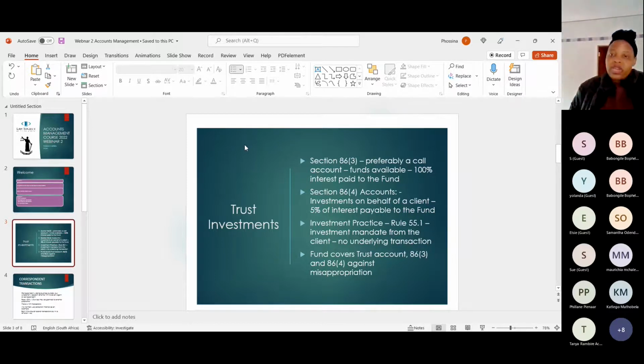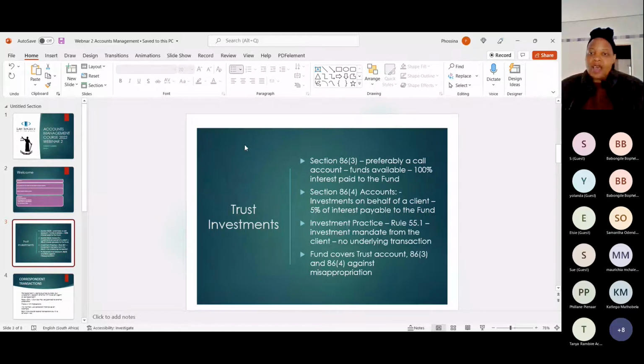And whenever you're opening it at the bank, it should state that it's a section 86.2 trust account, according to the Legal Practice Act. Today, we are not having a look at that one, though for us to be able to invest any money from the trust account, or any money that is trust money, it is supposed to get into the trust account.